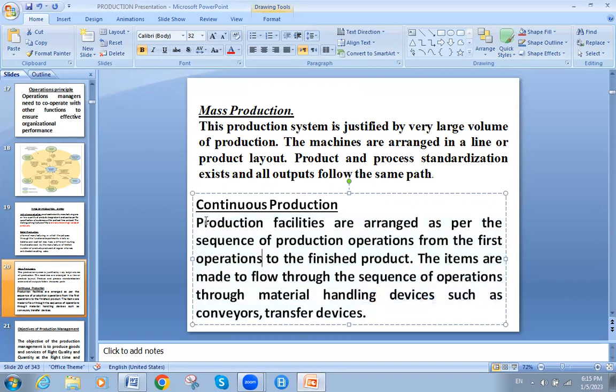Like when you see how automobiles are made, the layout is continuous. One stage is done, then the product goes to the next stage, then to the third stage, and so on.